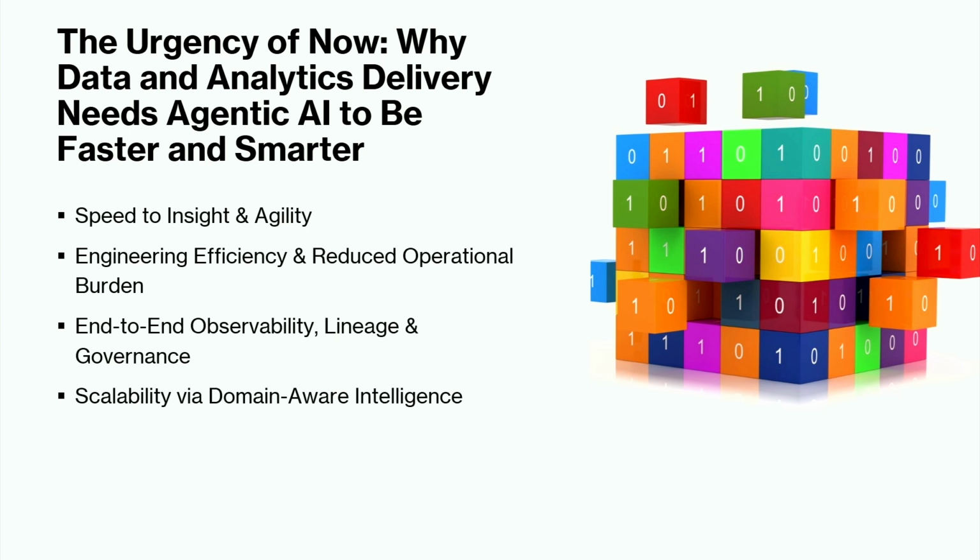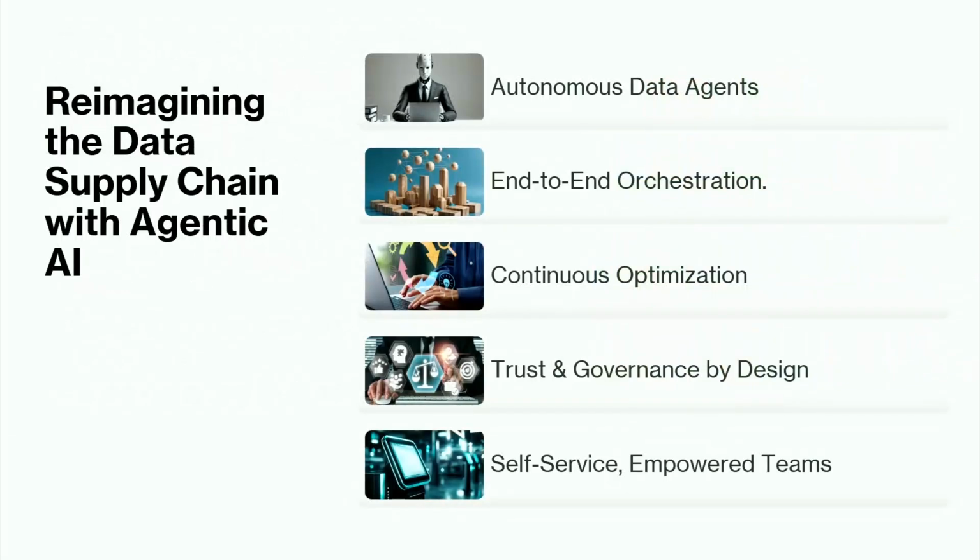Last but not least is the scalability via domain-aware intelligence. Centralized analytics teams are finding it hard to scale to support diverse business domains and to meet their unique and high-paced data needs. So with this as a background and context, let's jump onto the agentic AI approach.